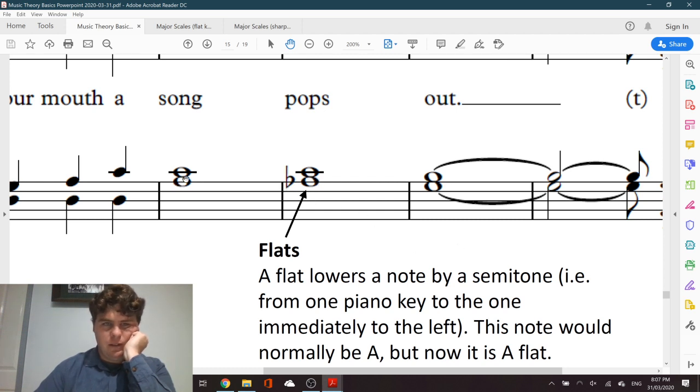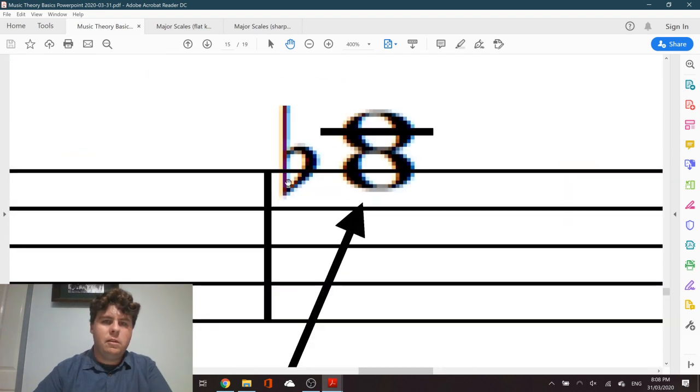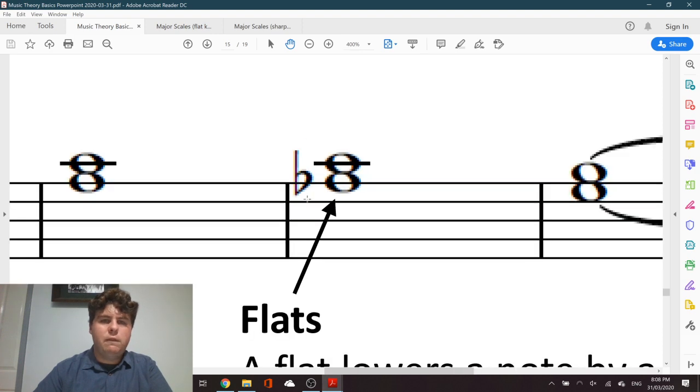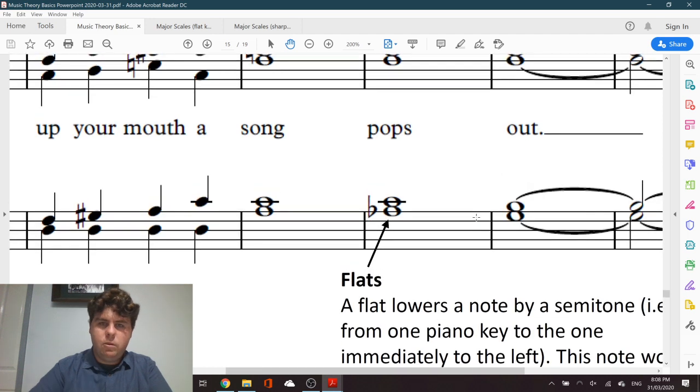So in this bar, that's an A, I would just call it an A or an A natural, a white key on the piano. This one is an A flat. That's little B symbol here. Let's get a closer look at this little boy. So it's kind of like a B, a lowercase b. That's a flat. Okay, and there's one other important one which we need to look at, which is up here a bit.